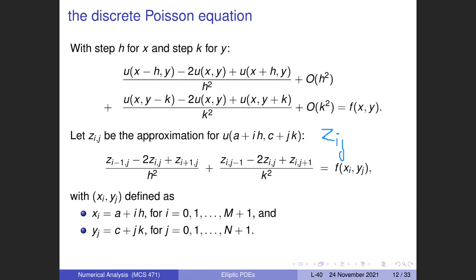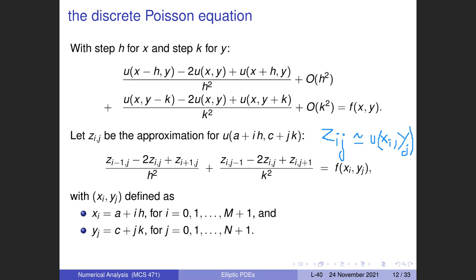So we are computing heights, if you remember the picture, and these z_ij's are approximating the solution at x_i and y_j. So this is the important definition here for our heights in the two-dimensional picture, when we apply the discretization.